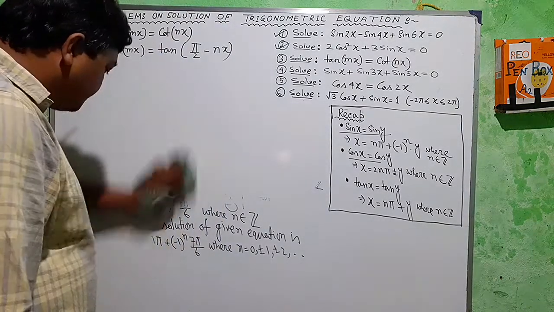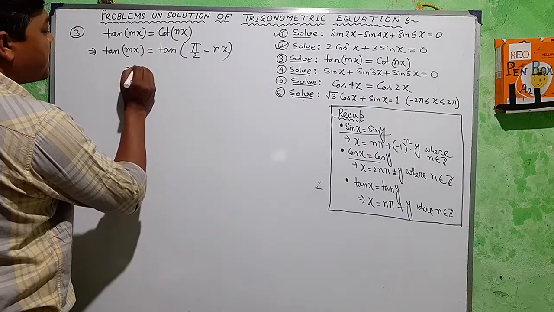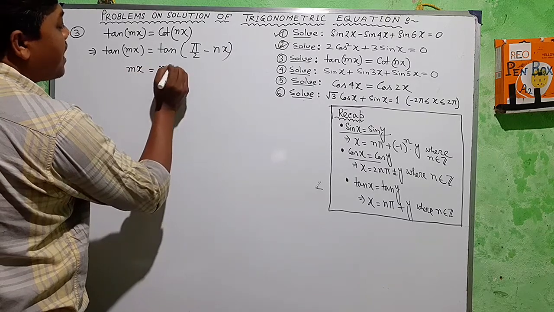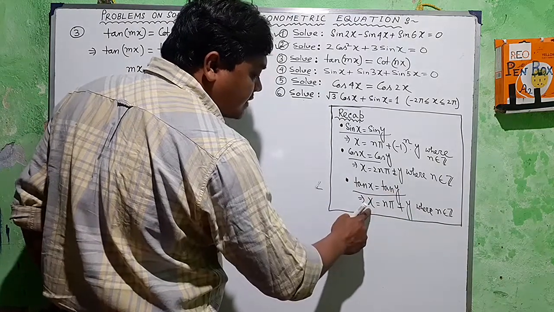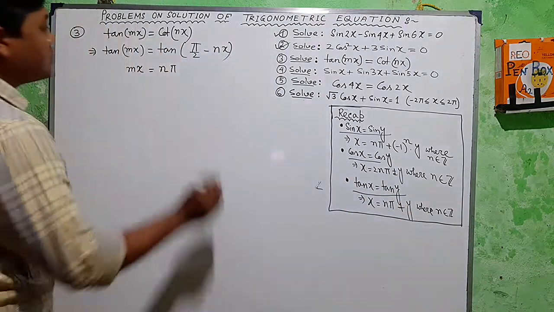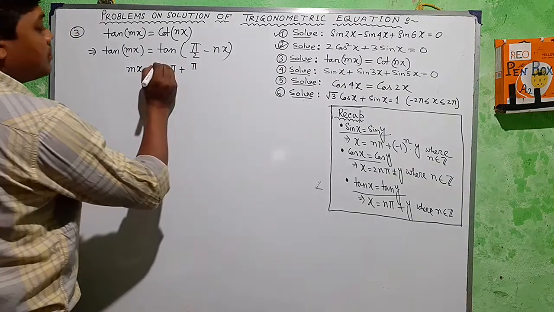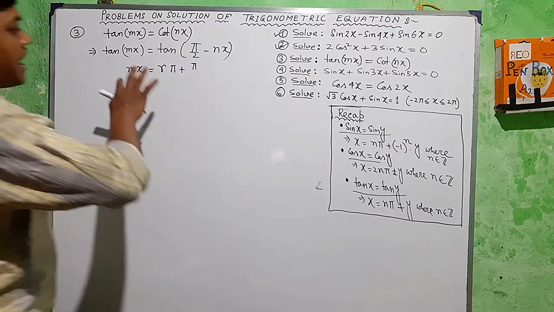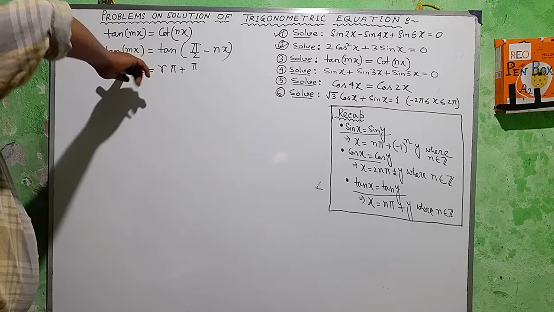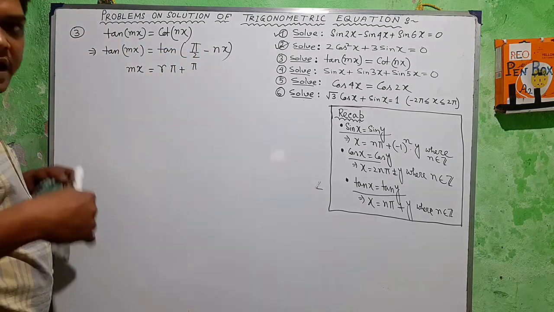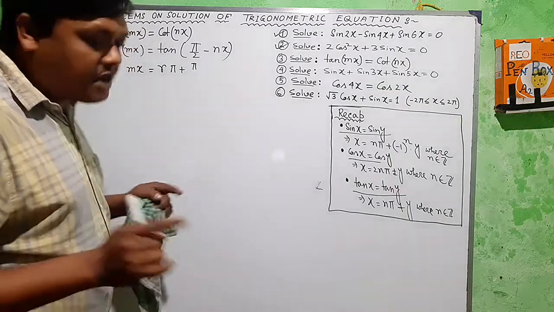Now from this the general solution gives mx equals n pi plus y, since if tan x equals tan y, then x equals n pi plus y. Sorry, we have to say r pi, because m and n are already parameters in the problem. So I have to introduce a new parameter r, and I have to mention that r is an integer.